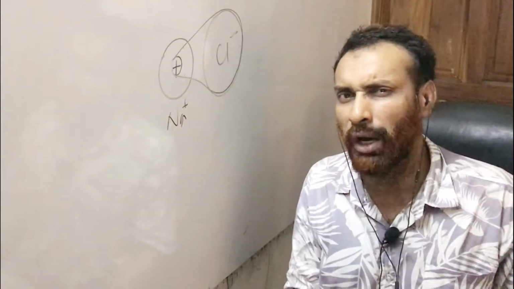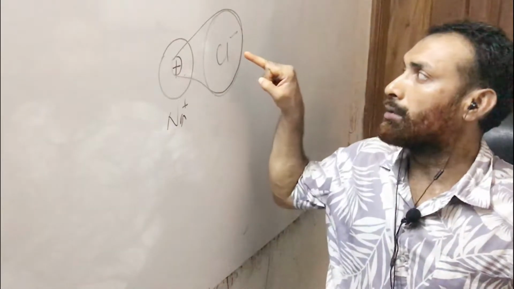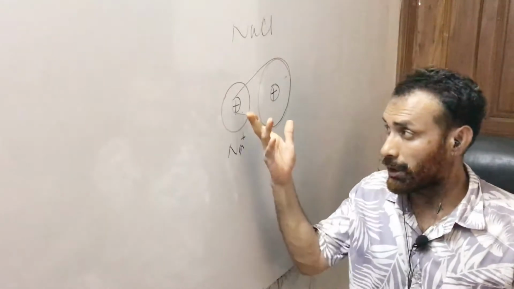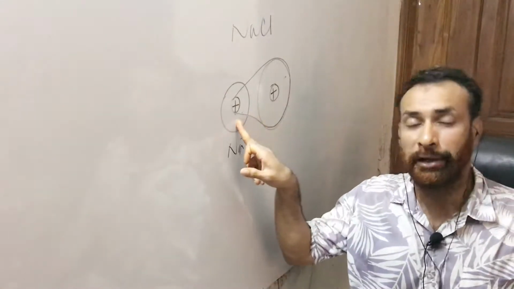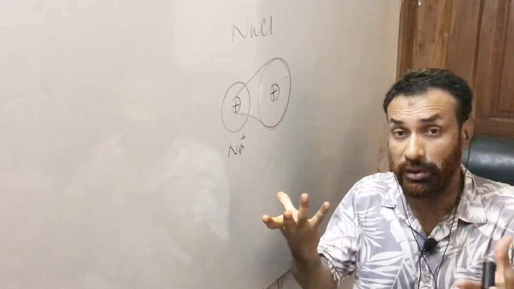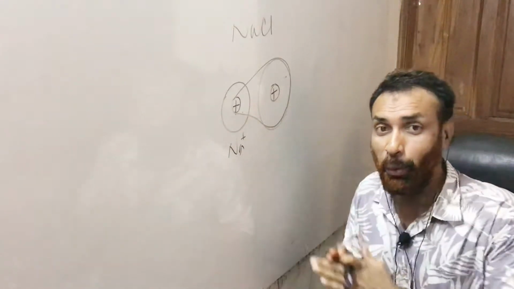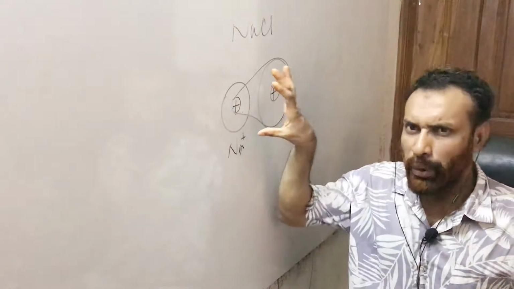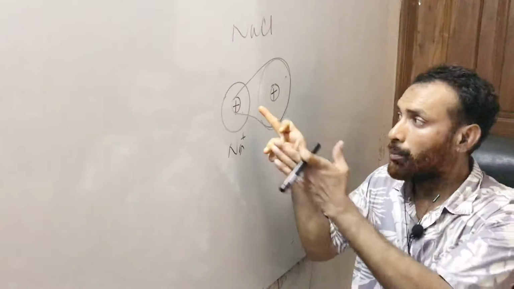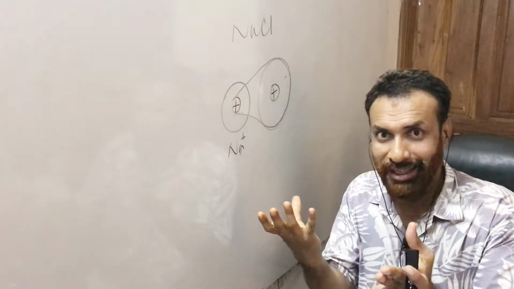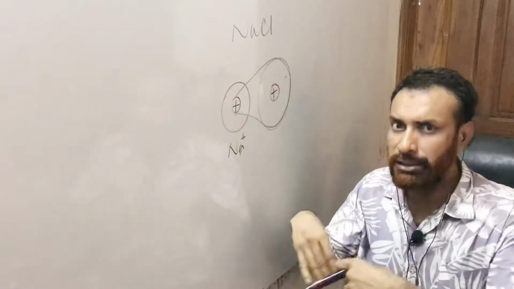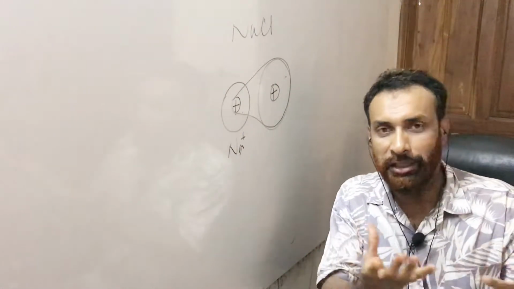You may have the question: why not the opposite? Why is the nucleus of the anion not supposed to attract the electrons of the cation? Because the nucleus of the cation is more powerful than the nucleus of the anion. Why? Because when this was an atom, it had an equal number of protons and electrons. And when it has lost an electron, then the cation has fewer electrons than protons.